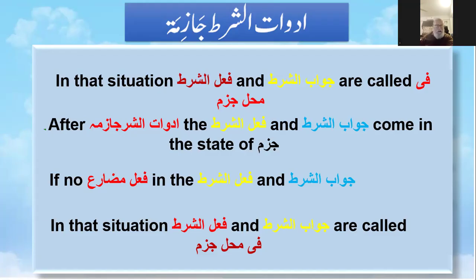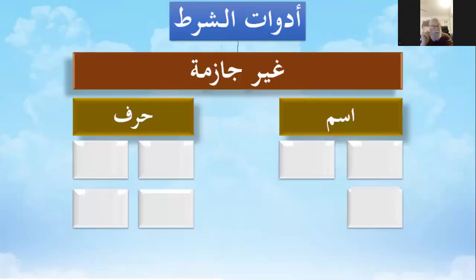It does not show its change, and the form remains the same. So when we find they are coming as a shart and jawab shart, we will say they are in the state of jazm, but not showing jazm because they are mabni.